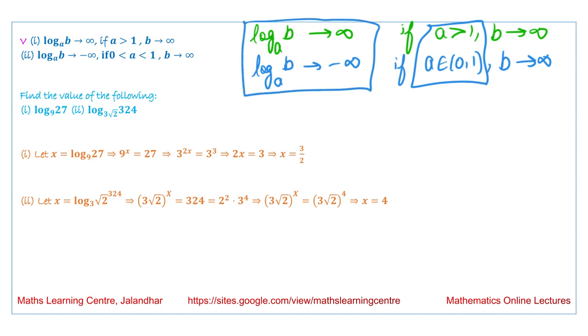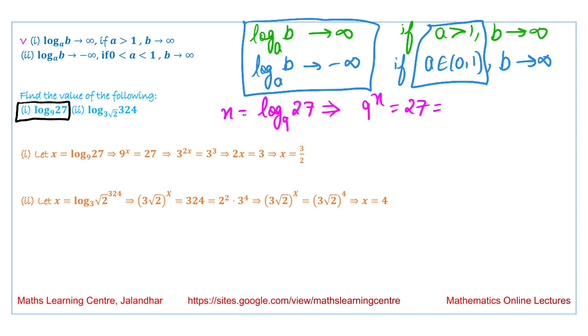Next question: we have to calculate the value of log 27 to the base 9. Suppose its value is x, so x is equal to log 27 to the base 9. This implies 9 raised to the power x is equal to 27.